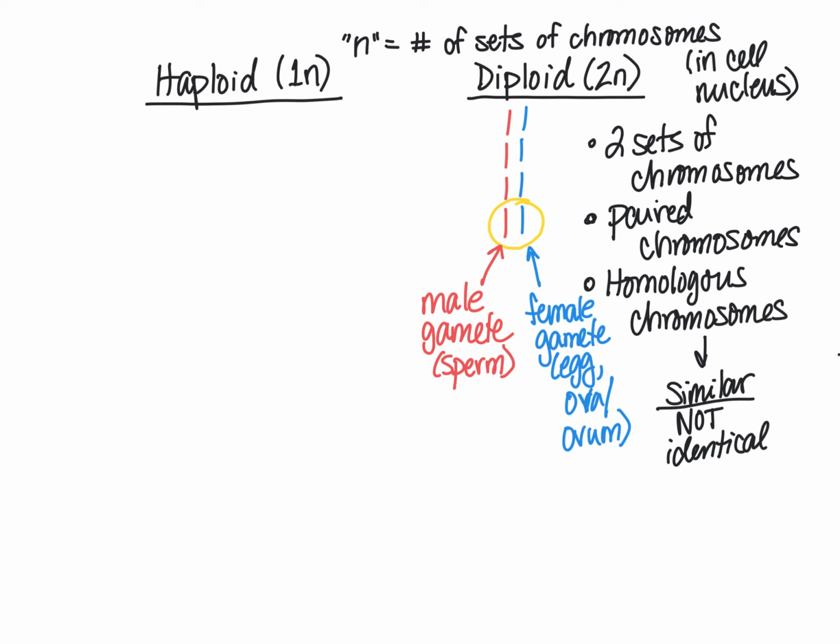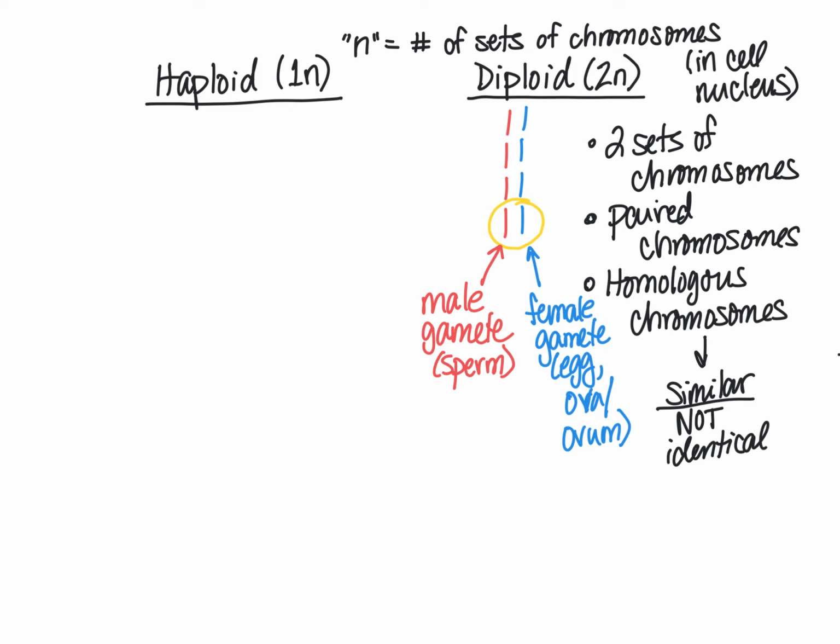If you think back to when you learned about Mendelian genetics and alleles, which are different variations of the same gene, and you learned about the conditions known as homozygous dominant, homozygous recessive, and heterozygous, those alleles are located on these homologous chromosomes. So one chromosome might have the dominant allele for a gene, the other one might have a recessive allele for the gene.